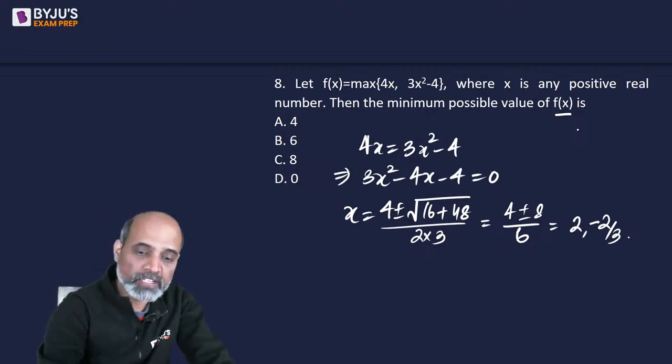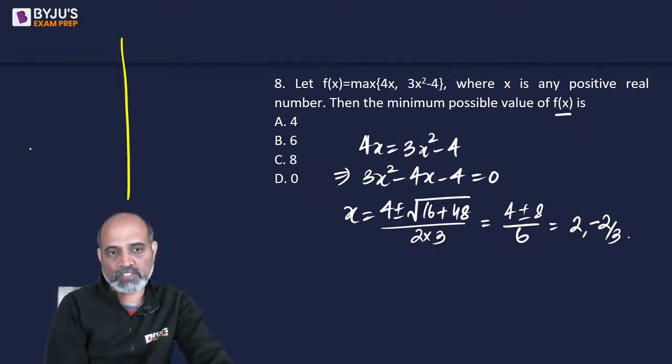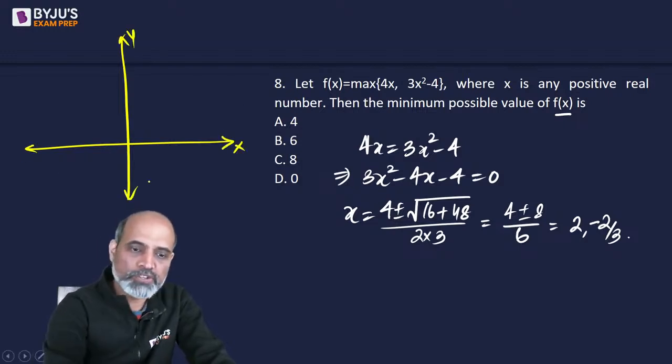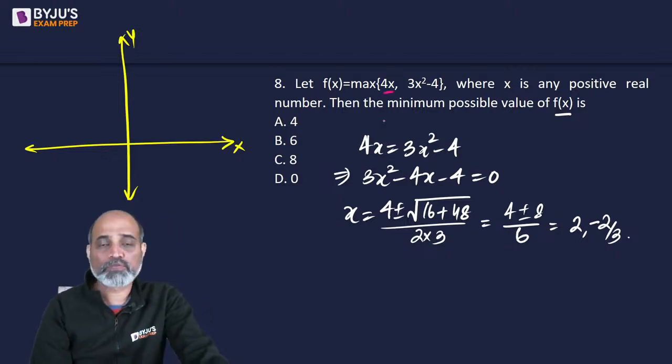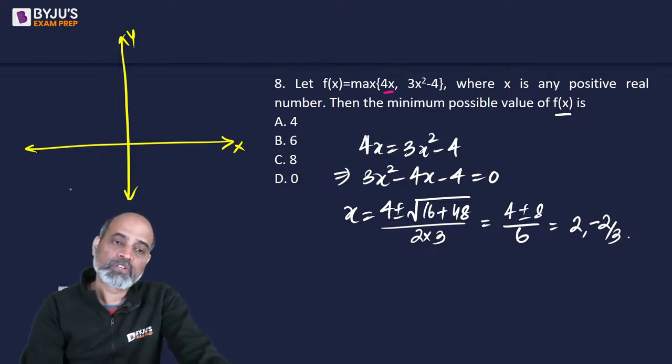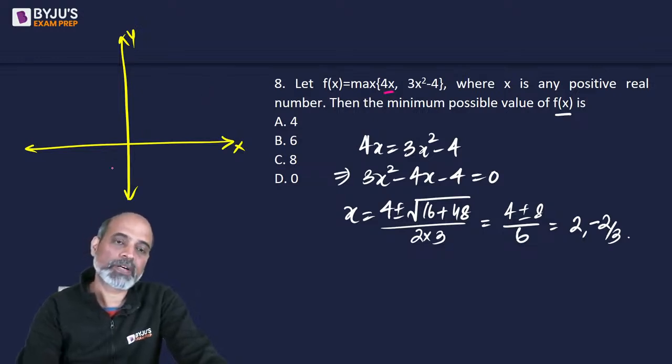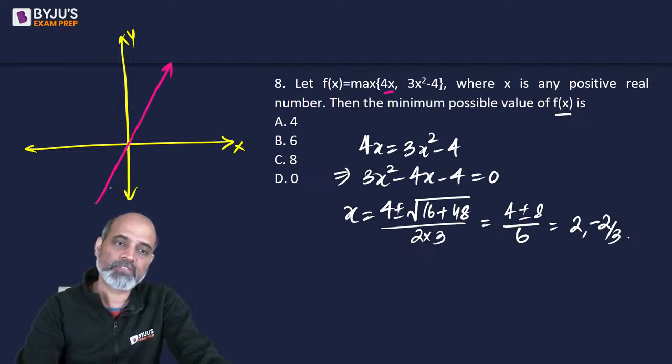So figure wise, what is going to happen is, if this is the x-axis and this one is the y-axis, so if we draw this particular thing, which is y is equal to 4x, so y is equal to x is going to pass through the first and the third quadrant. y is equal to 4x is going to pass through the first and the third quadrant, but it is going to be more inclined towards the y-axis.